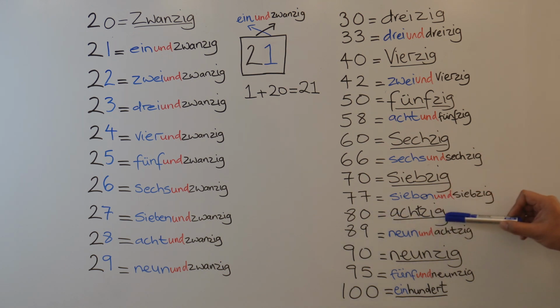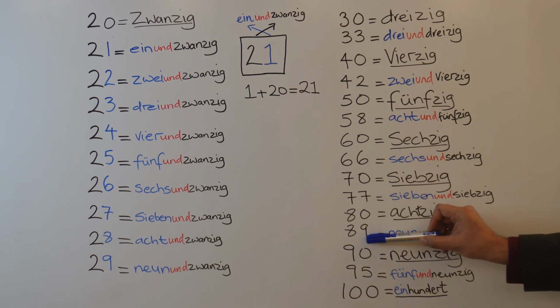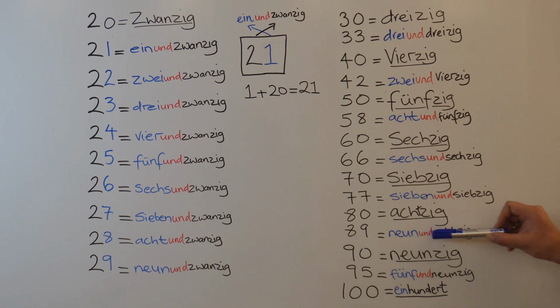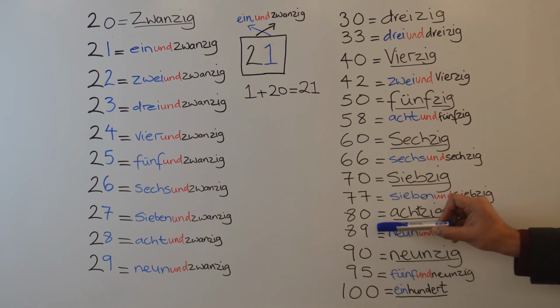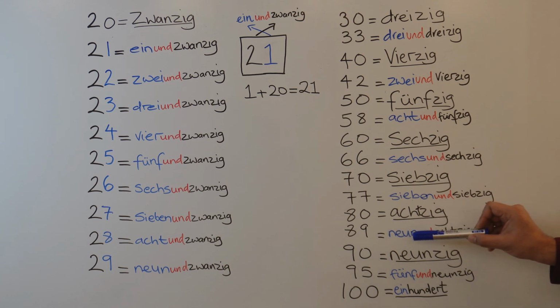80. 81, 82, 83, 84, 85, 86, 87, 88, 89, 9 und 80. 9 before 80. 9 and 80.